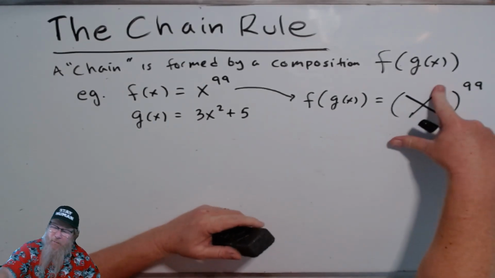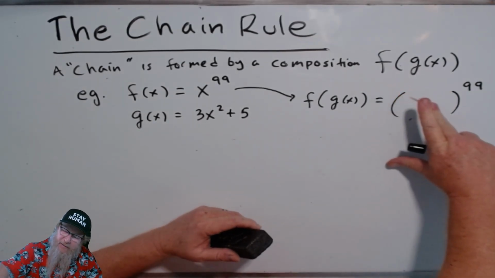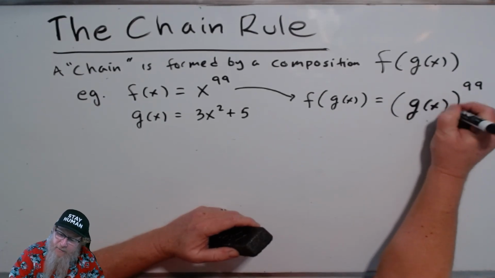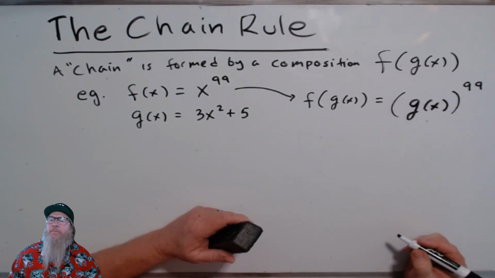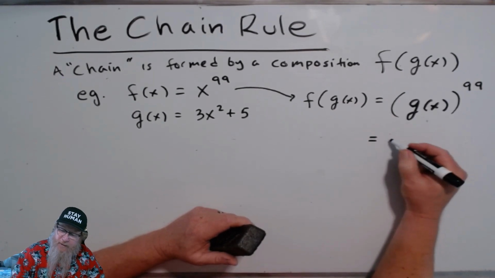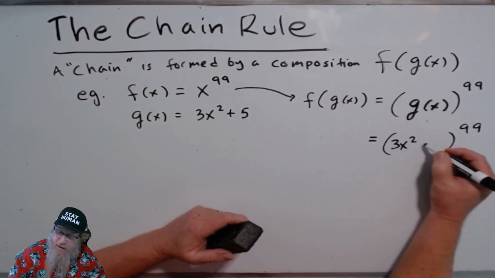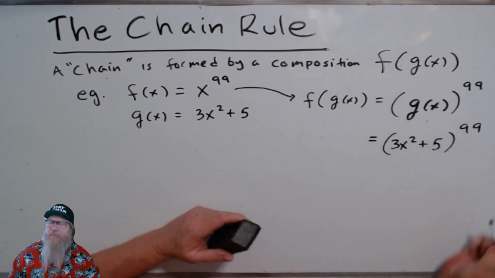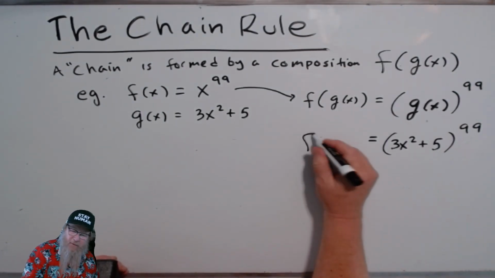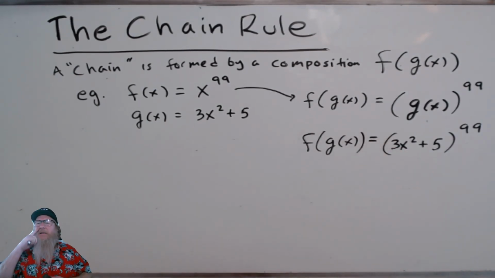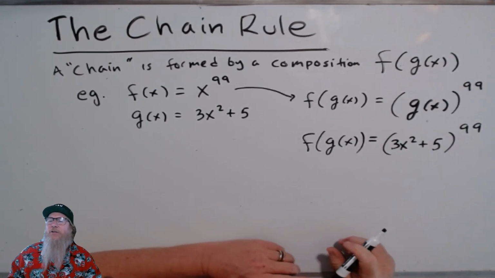We remove the variable x, and we put g inside where the x used to be. And so this would be 3x squared plus 5 to the 99th power. So this would be called a chain composed of f and g. So that's what we mean when we say a chain.